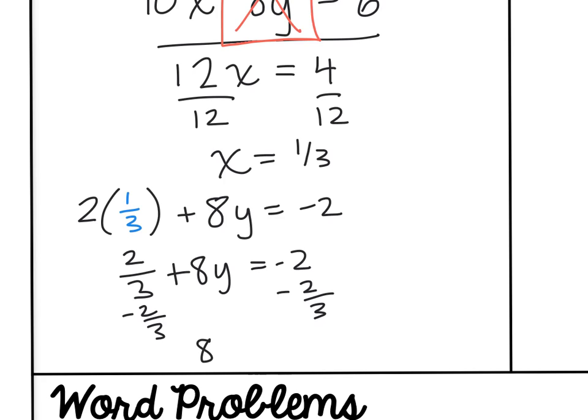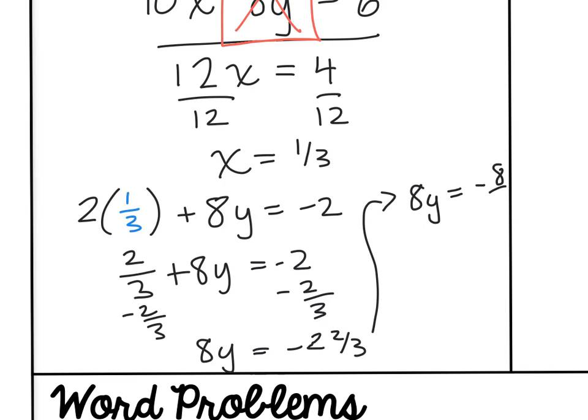So I get 8y equals negative 2 and 2/3. I'm going to bring this up here, rewrite it as 8y, and I'm going to write this as an improper fraction since I'm about to have to divide by 8. So that's going to be negative 8/3.